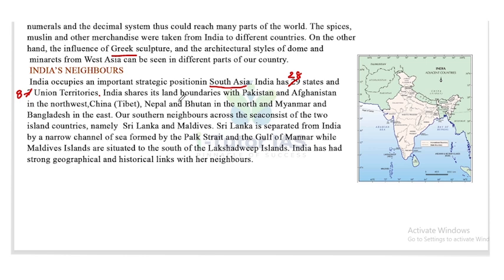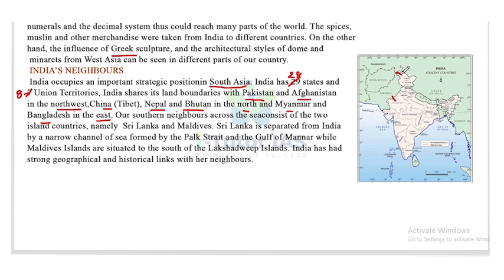India shares its land boundaries with Pakistan and Afghanistan in the northwest. Now, China, that is Tibet, then Nepal and Bhutan in the north, and Myanmar and Bangladesh in the east. Okay, so India shares its land with 7 countries. First one, look at this picture: Pakistan, then Afghanistan.